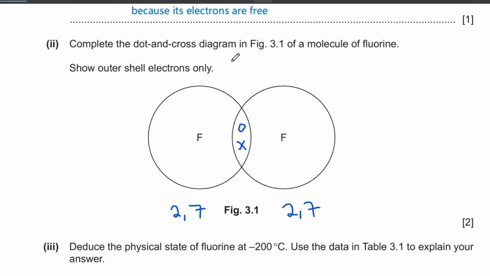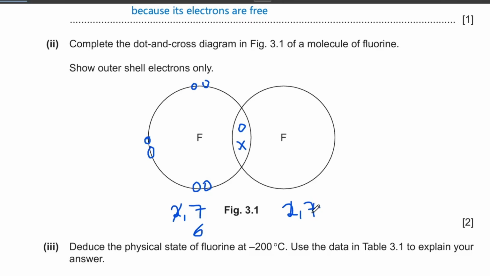We have to complete the dot and cross. Now this fluorine with the dot gives out 1 electron to be shared. Remember, we are dealing with the outer shell, so only the outer shell. That means we have 6 more electrons left because it shared 1. Those 6 electrons, you are not throwing them away. You write them on the outer shell. It is the same thing with the second fluorine.